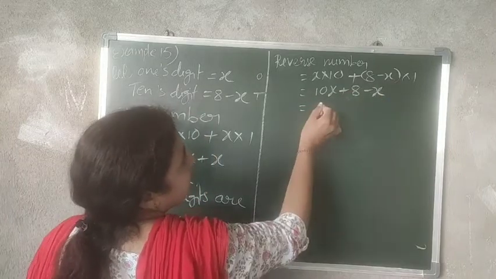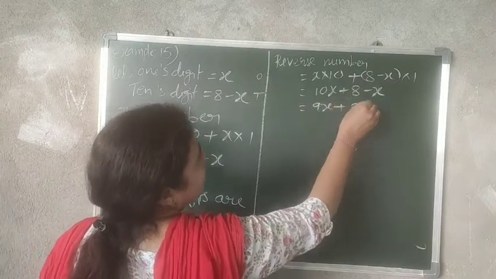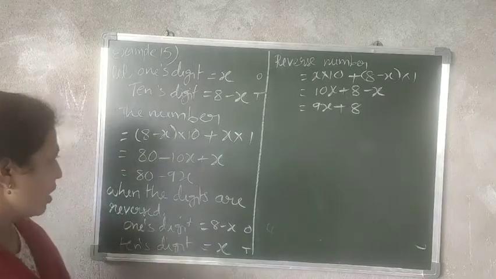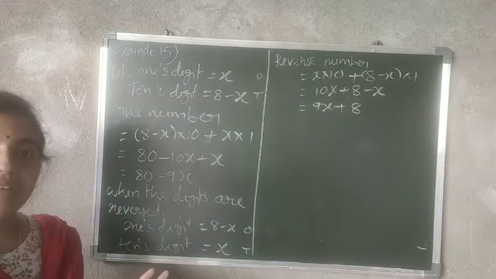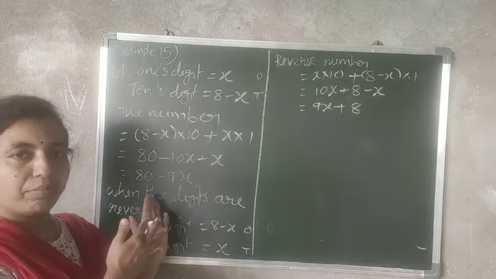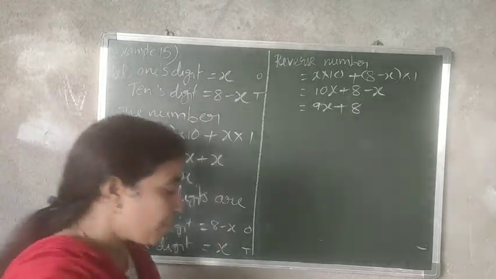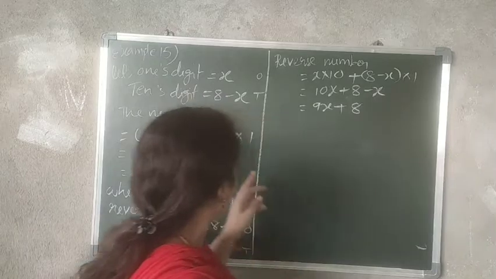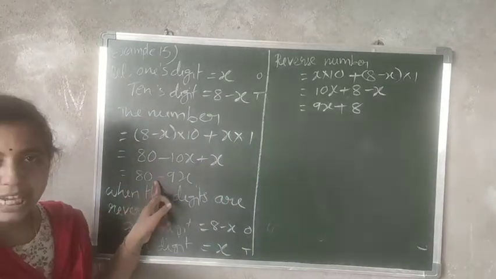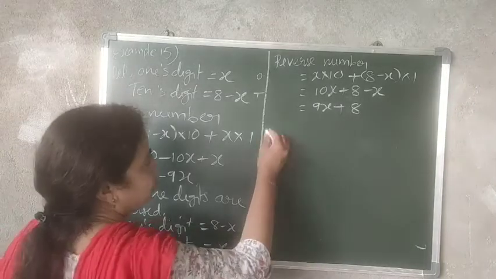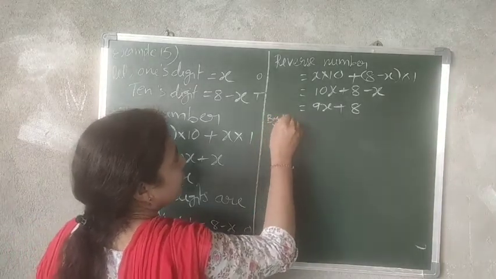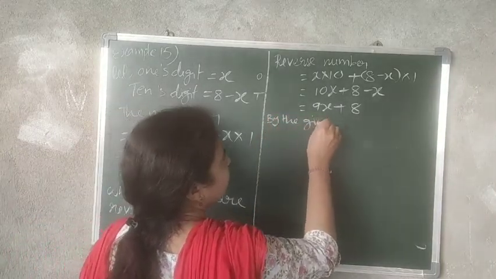Now 10x minus x, 9x plus 8. This is the reverse number. This is the actual number and this is the reverse number. Now they have given the relation between actual number and reverse number: when 18 is added to actual number, you will get reverse number. What is given by the given statement?